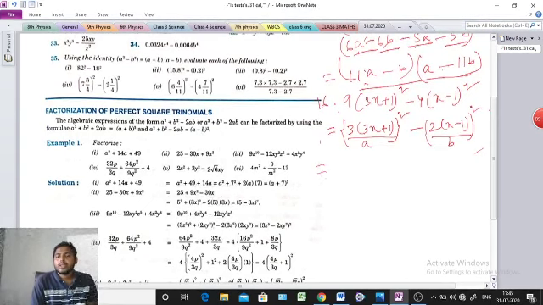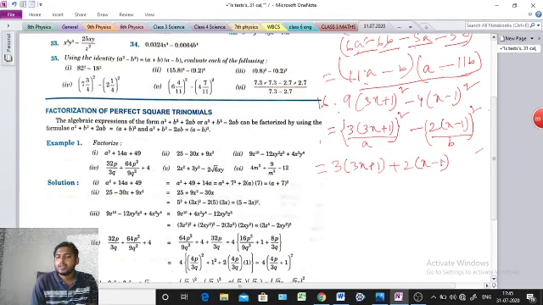Next, we are getting the a square minus b square formula. What is the formula? a plus b into a minus b. Here a means 3 into 3x plus 1, and b means 2 into x minus 1. So the first bracket is 3 into 3x plus 1 plus 2 into x minus 1.